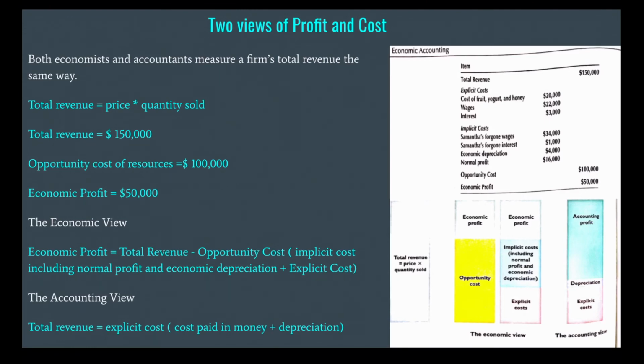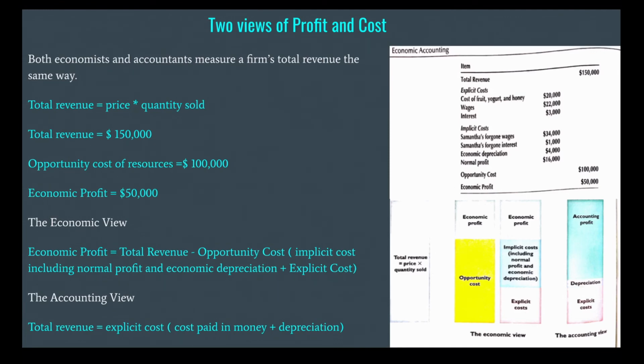The opportunity cost of resources is $100,000, which includes both implicit cost and explicit cost.